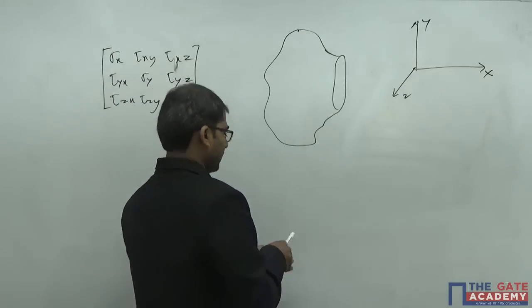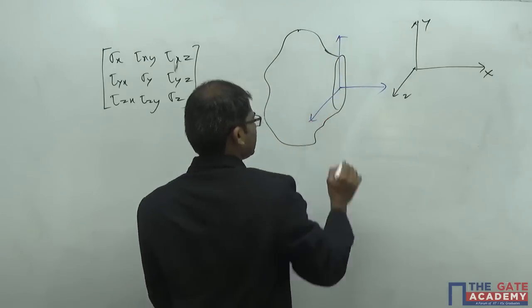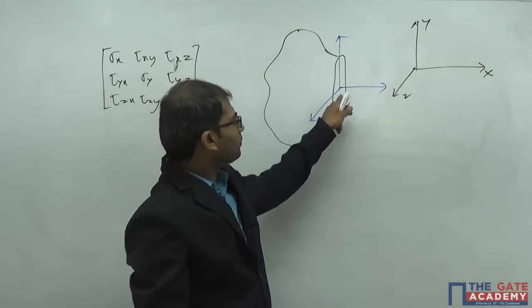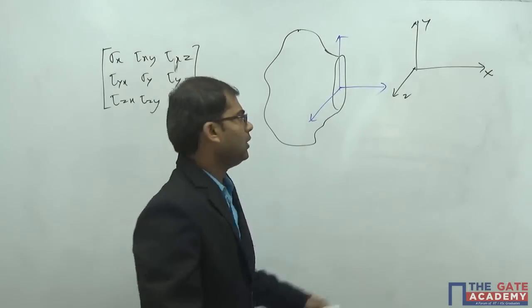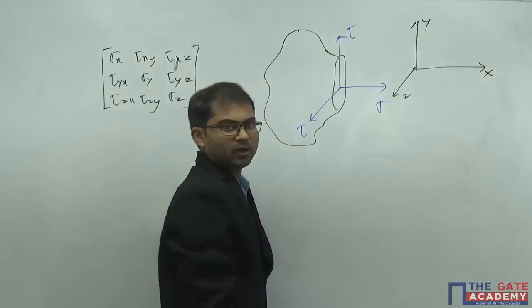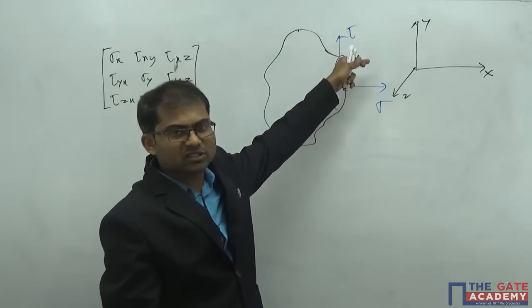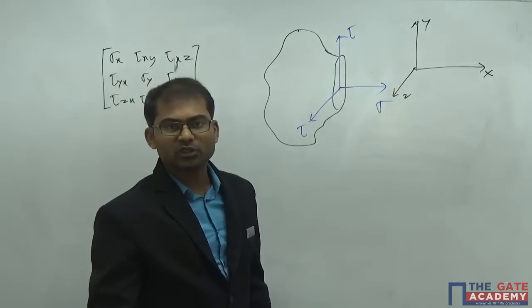So you have normal stress, you have shear stress, you have shear stress. Because the normal of the plane is along the x-axis, the force along the x-axis will cause normal stress. So this is normal stress sigma, shear stress tau, shear stress tau. Because the forces corresponding to tau and tau are along the plane, they'll be causing shear stresses.